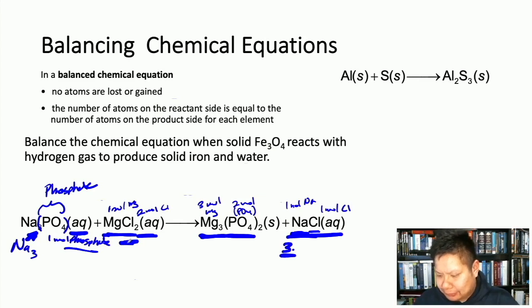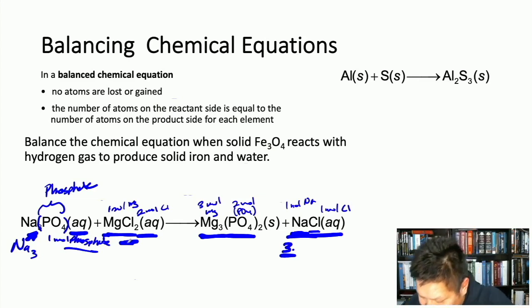We have 3 moles of chloride on the product side, and we have 2 moles of chloride on the reactant side. Well, this is one of those cases where to balance it, you're going to have to go with the lowest common multiple, right?